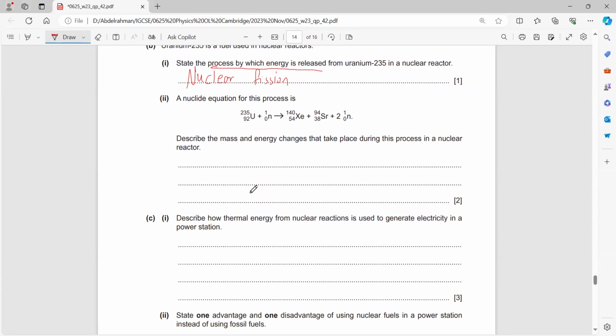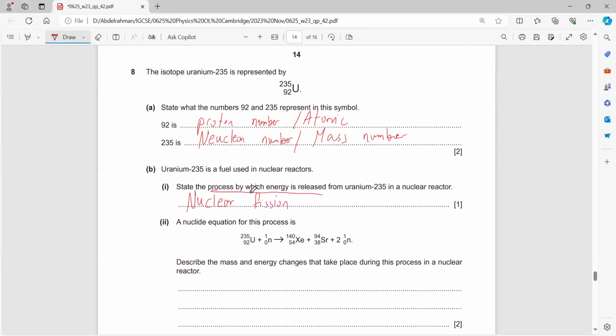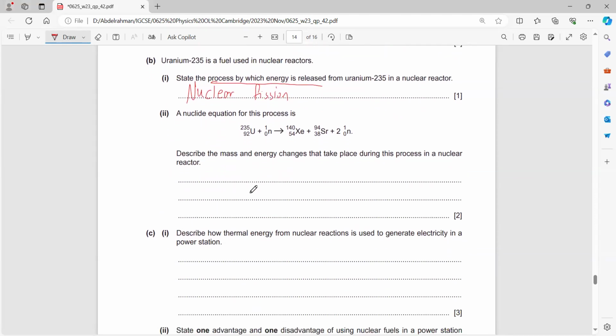Nuclear reactors use nuclear fission. Describe the mass and energy changes that take place during the process in a nuclear reactor. Uranium plus a neutron gives off xenon and Sr plus 2 neutrons.